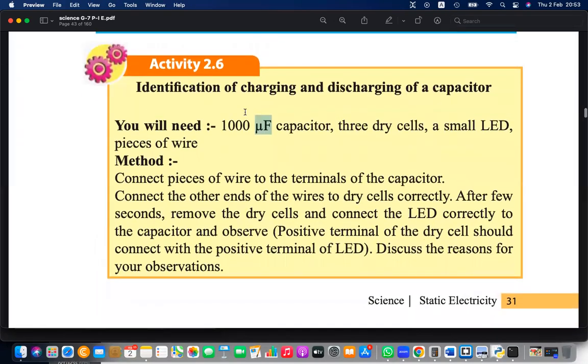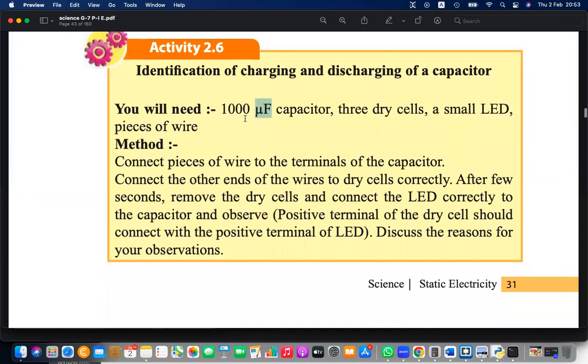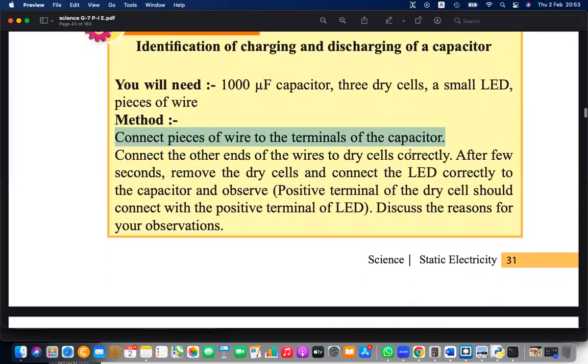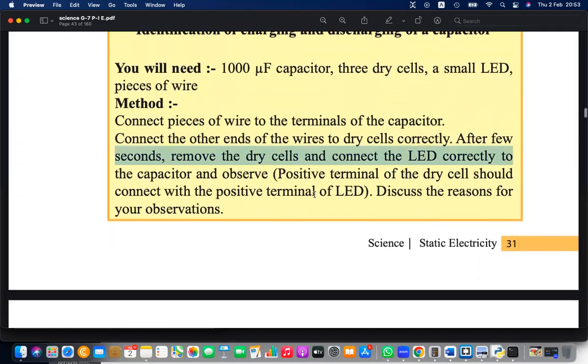And let's see what this experiment is. Again, this is similar to what you saw now. Connect a piece of wire to the terminals of the capacitor and connect it to a dry cell, and after a few seconds remove the dry cell. That will charge the capacitor. Then remove that. Now you have to check the LED.